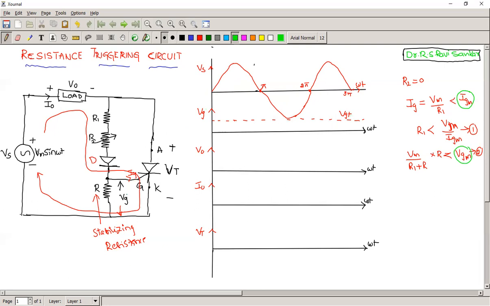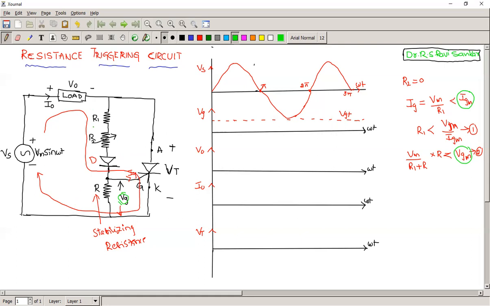If this voltage is more than this voltage, then the SCR is on, if it is forward biased. Now from 0 to pi, if you observe, this terminal is positive, whereas the lower terminal is negative. With this polarity, the SCR is forward biased. Here the diode is also forward biased.